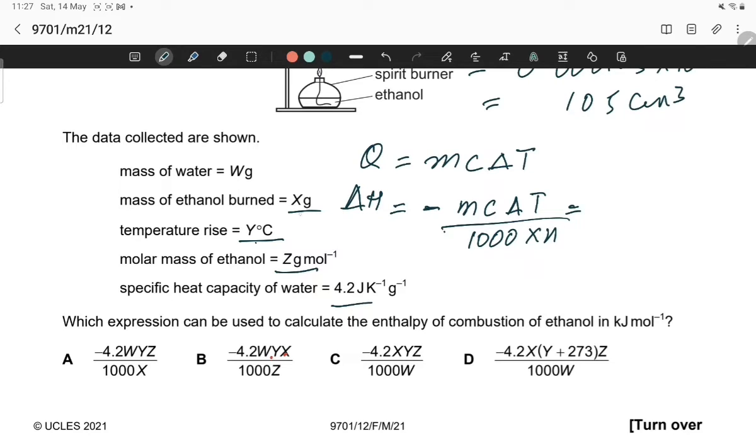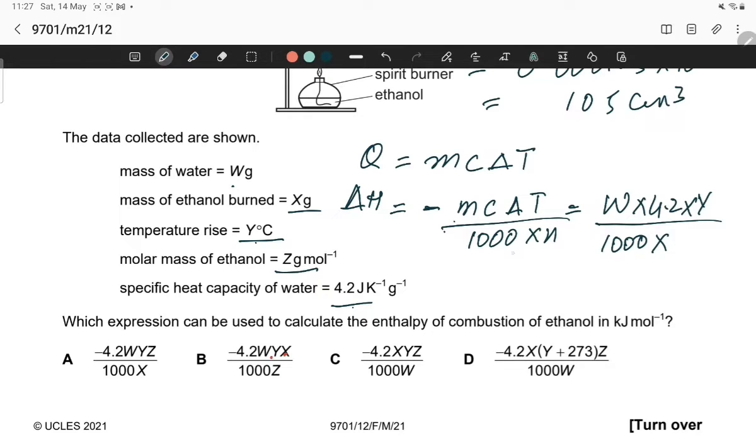So we can use these values, W into 4.2, specific heat capacity 4.2 into temperature is Y, divided by 1000 into mole.